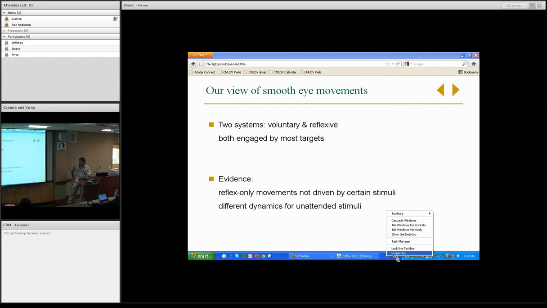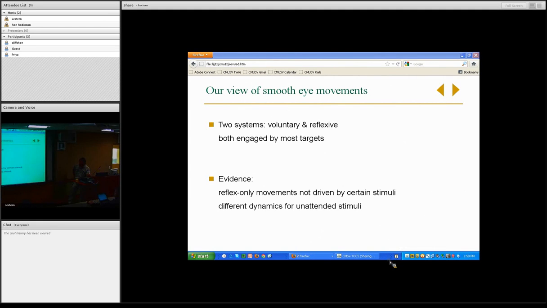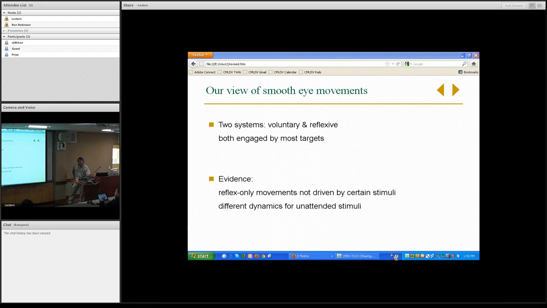And similarly, with a large full field target, you can voluntarily try to follow that or not, and you have the reflex going on at the same time. In the ocular following case, it's more biased towards stimulating reflexes. But we think that the distinction into pursuit and ocular following is really an artificial one, which is based on the stimuli and not on the effects.